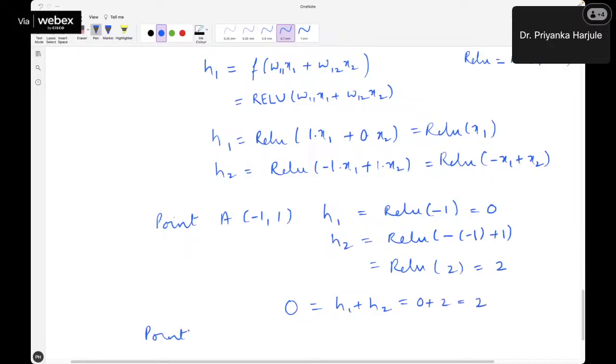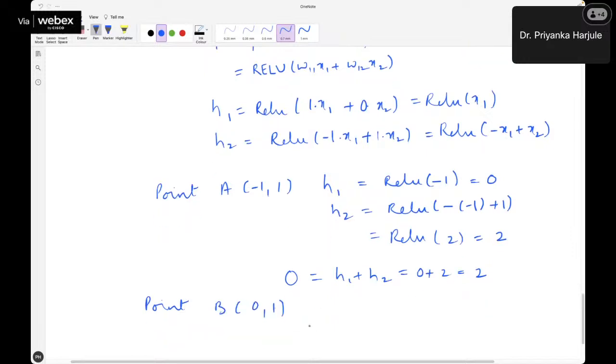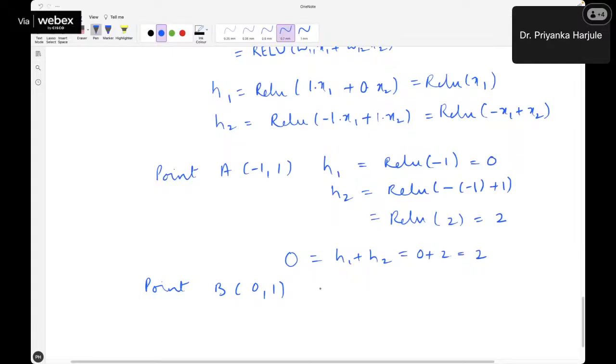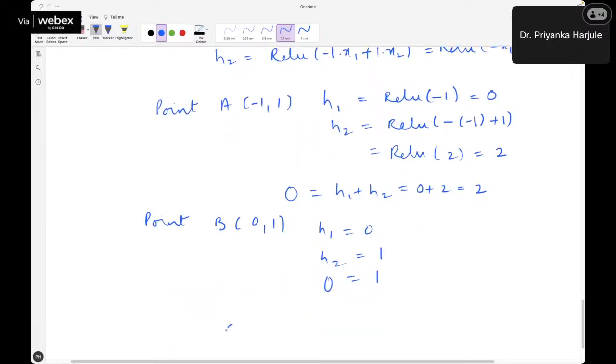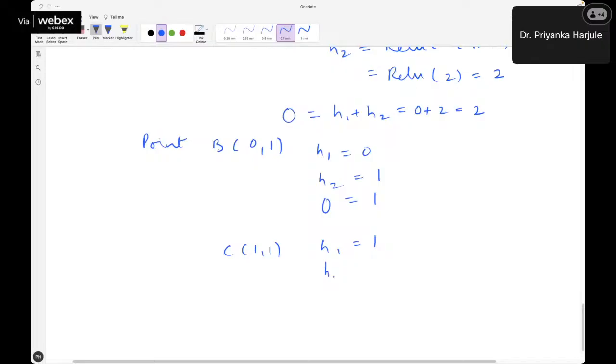Similarly, for the point B (0, 1), you have H1 to be 0, H2 to be 1, and the output is 1. For the point C, which is (1, 1), H1 is 1, H2 is 0, and the output is 1 plus 0, equal to 1.